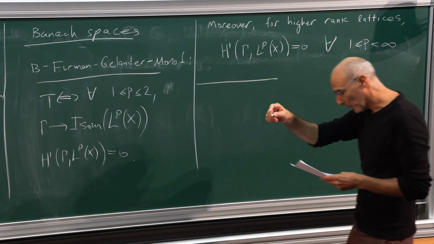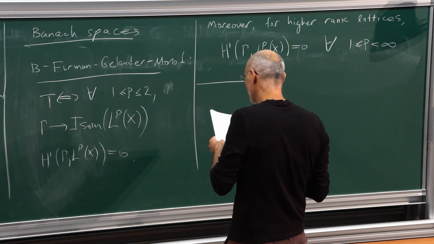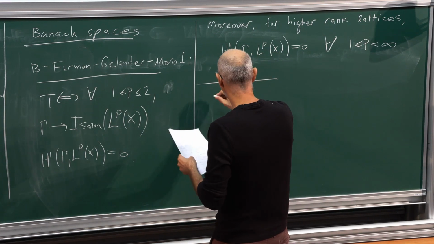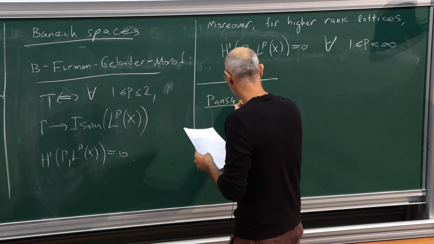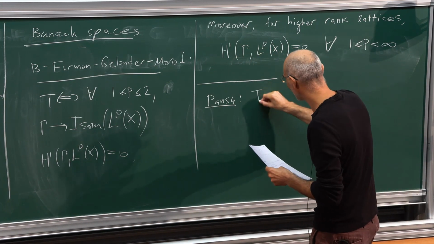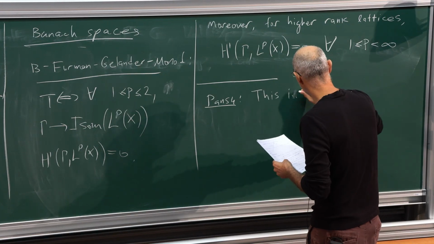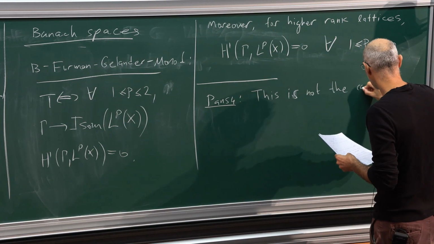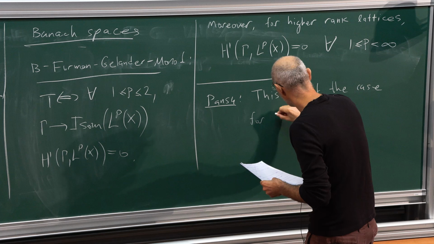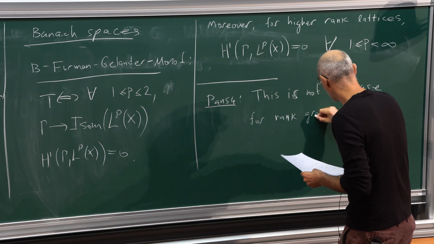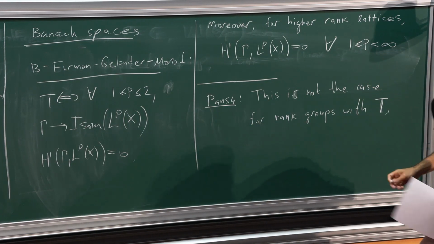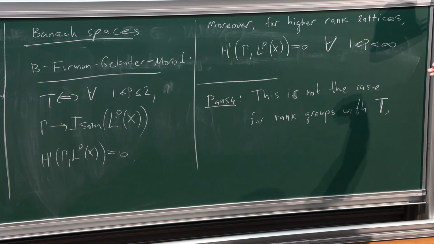And indeed, Pansu had to go, I think, he left, or I missed. But he showed, he should have waited. This is not the case. So the moreover part is not the case for rank 1 groups with T. So if you look at higher P's, then there is actually a difference.